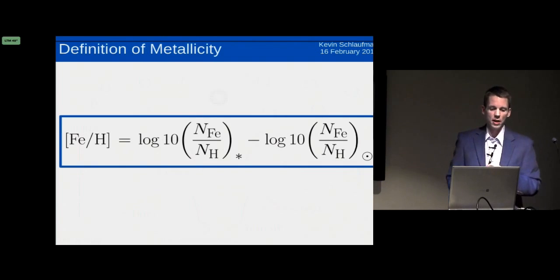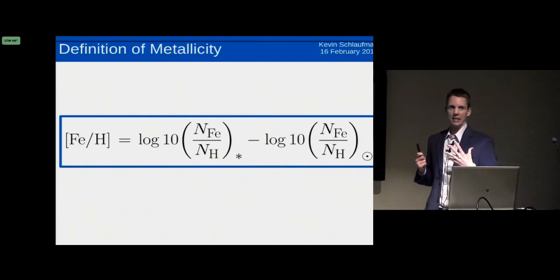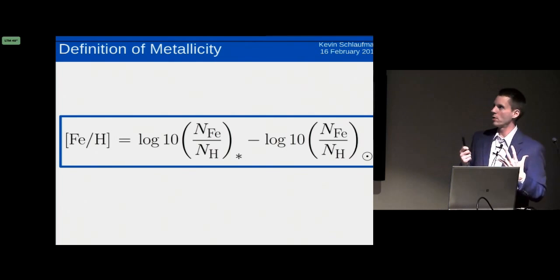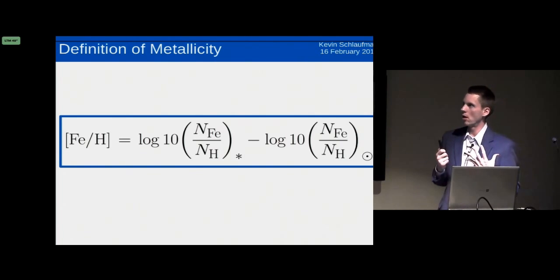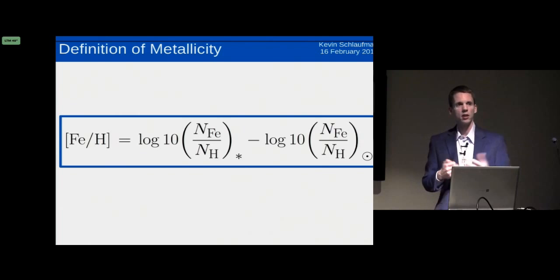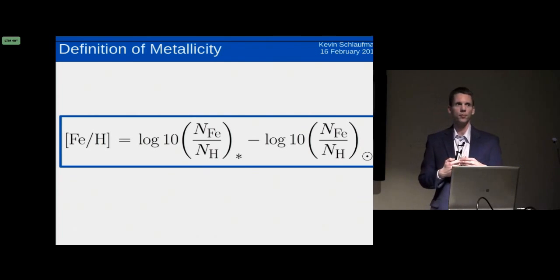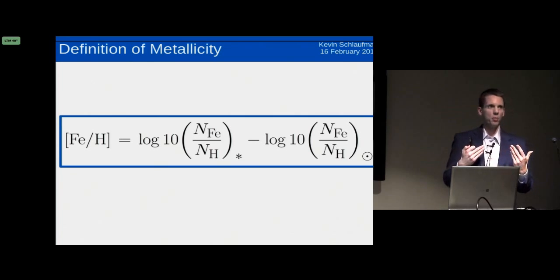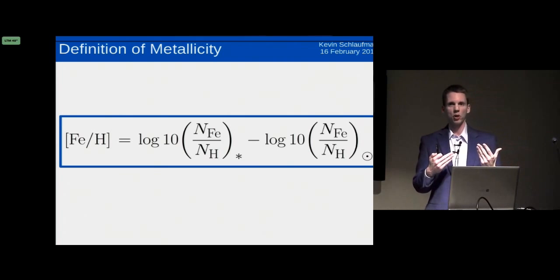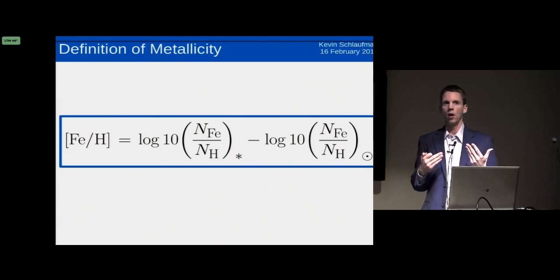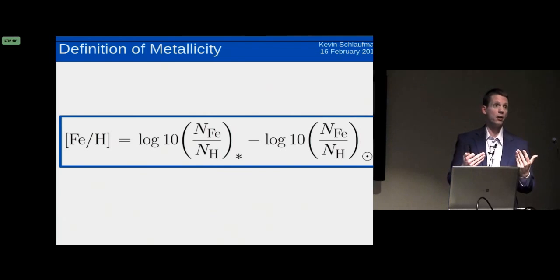The next definition that I need to give is this concept of metallicity. So astronomers were very loose in our terminology in some respects. And so to us, a metal is anything other than hydrogen or helium. It turns out that most of the absorption lines in the spectrum of a star like the Sun are caused by the element iron.